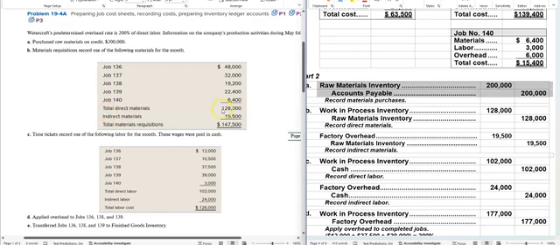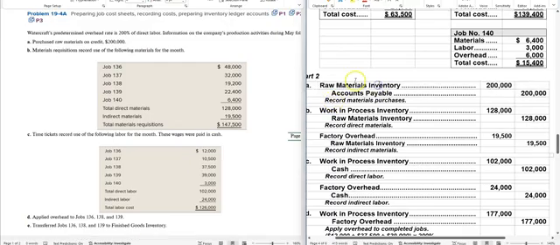That means 128,000 of direct materials were pulled out of the raw materials and used in the manufacturing process. So in the general ledger, we need to record the fact that the materials that we originally recorded into the raw materials account are no longer part of raw materials, they are now part of work in process.